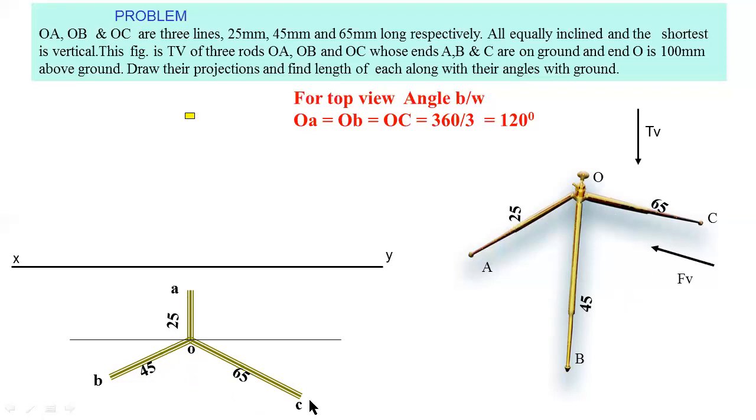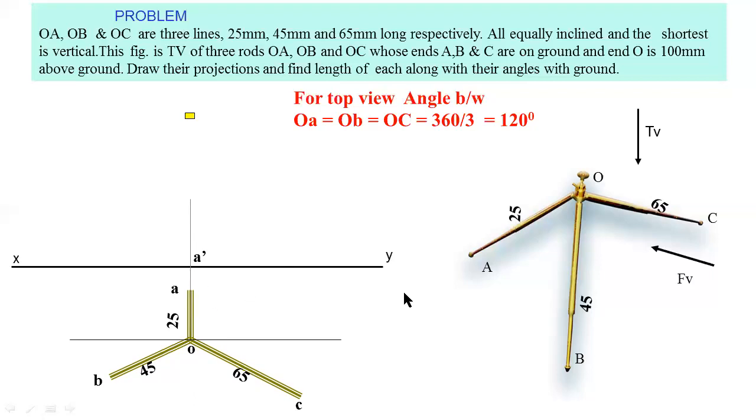Now you have to project these points A, B, C and O. You have to project these 4 points in the upward direction for locating the front view. Now I am projecting the point O. Here O and the point A are in the same line.